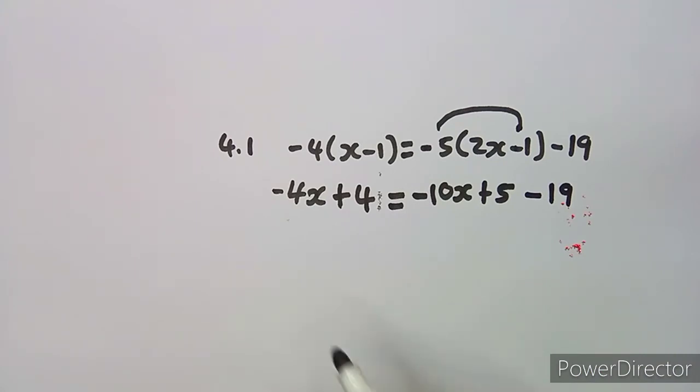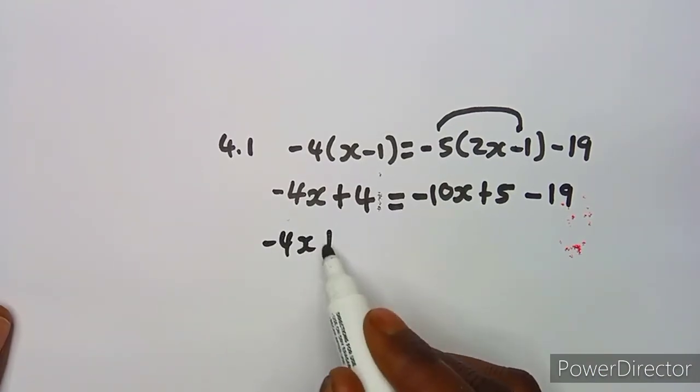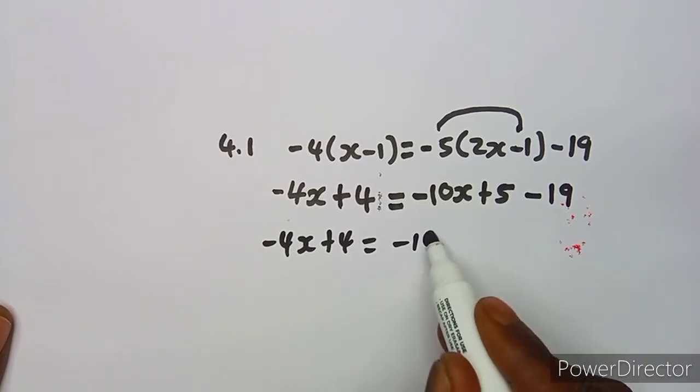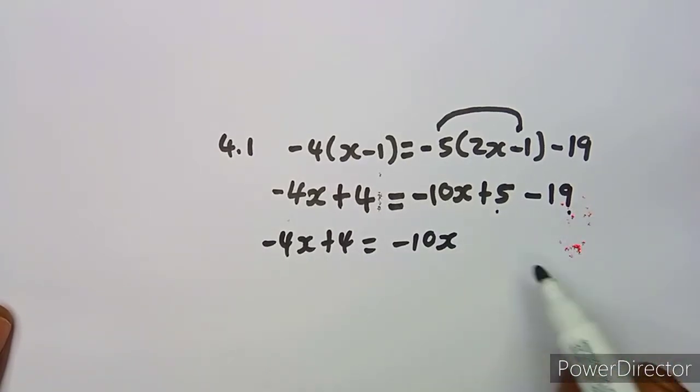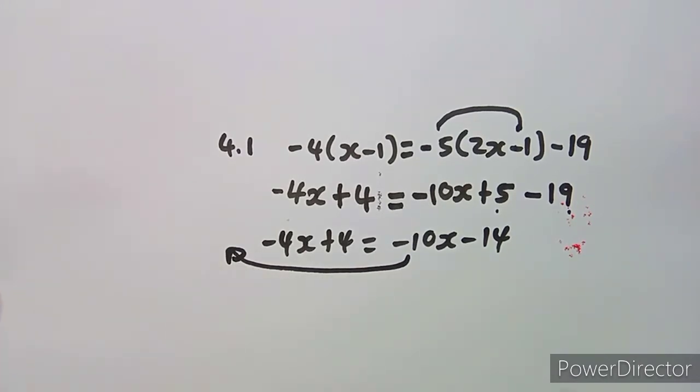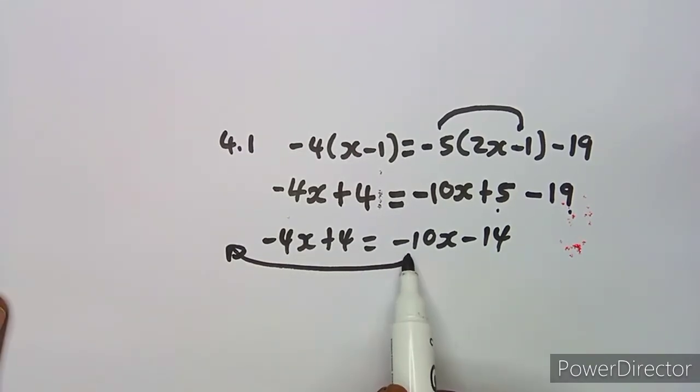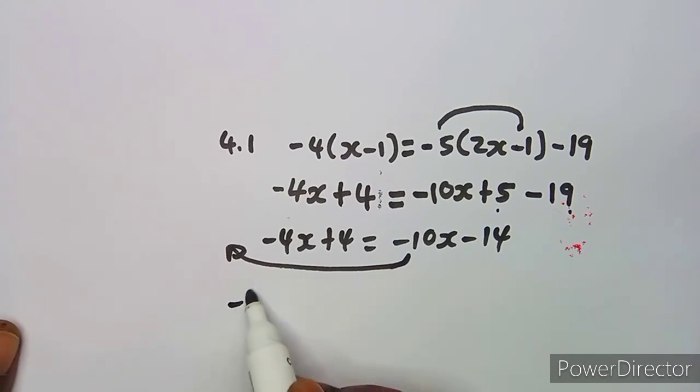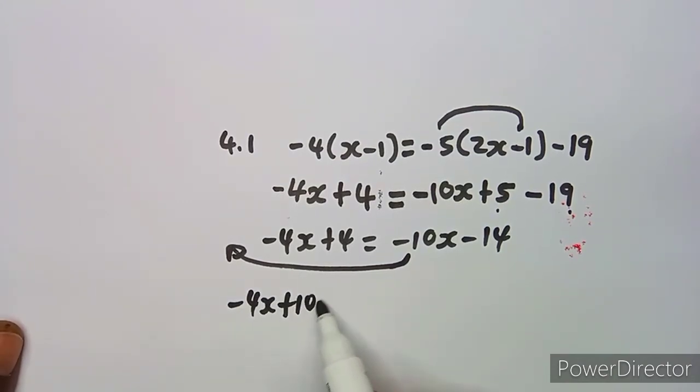All right, so this is what I'm going to do. I'm just going to simplify this part here together. 5 minus 19, which is minus 14 there. Then after that I can actually collect like terms, because I've got terms with x here, so I can take them to one side of the equation, and the moment this crosses the equal sign it's going to add, so it's going to be a plus, so it will be minus 4x plus 10x.